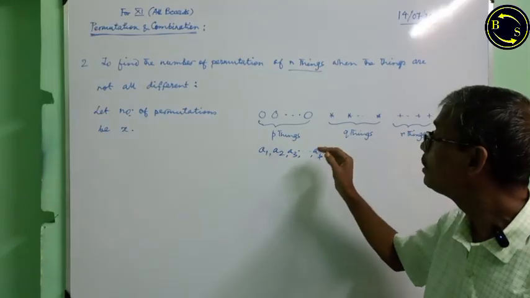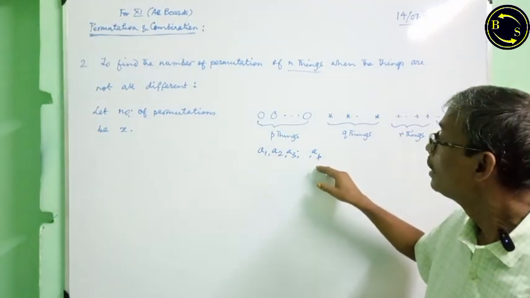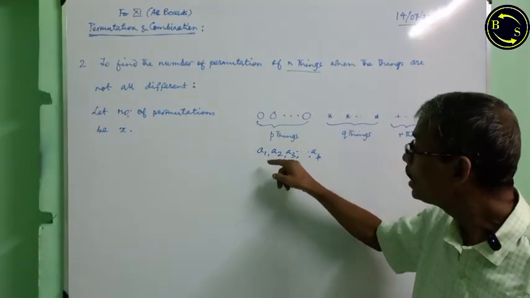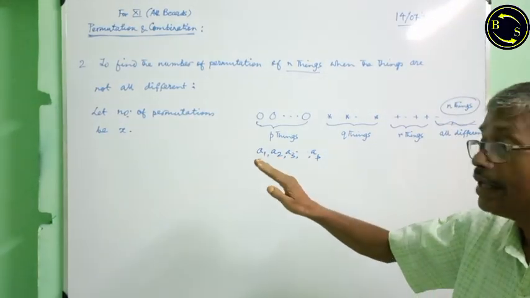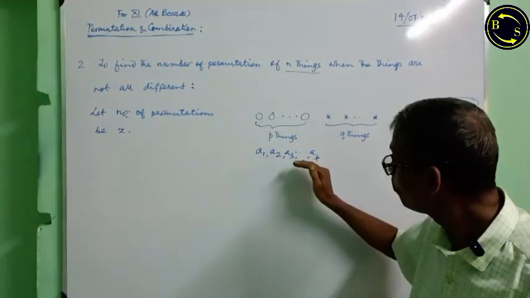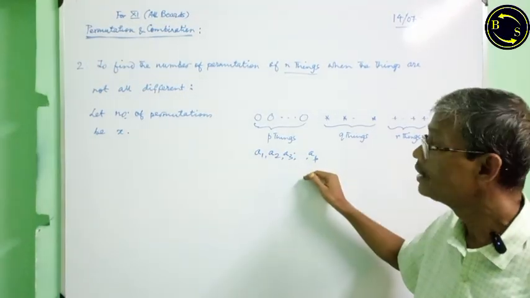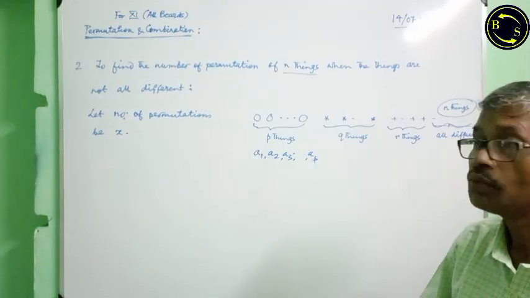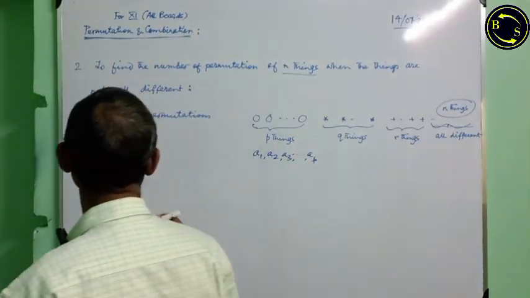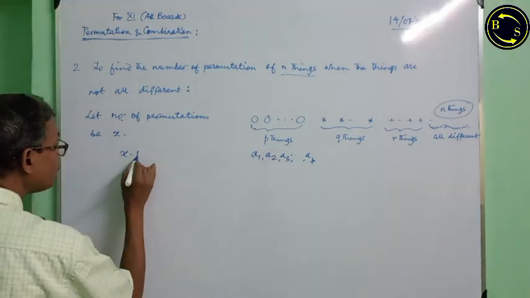Now if we replace those p things by these, then each will give x number of permutations. Now p things, when considered different, total number of permutations will be x into factorial p.